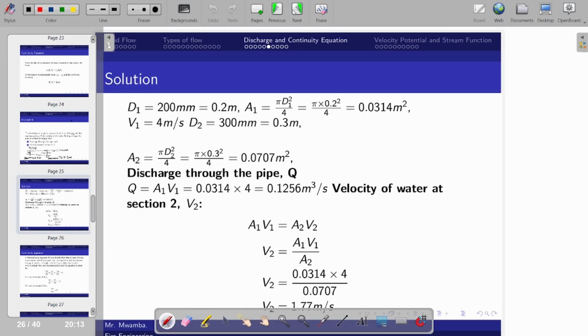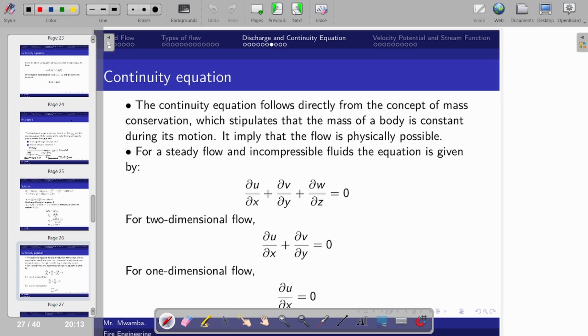This is how it was pre-solved, and I'm sure you have gone through it. We are now supposed to do the continuity equation as described by the use of partial differential equations. So in the next class we are going to start from here, so let's end here. The next class will begin from this description.